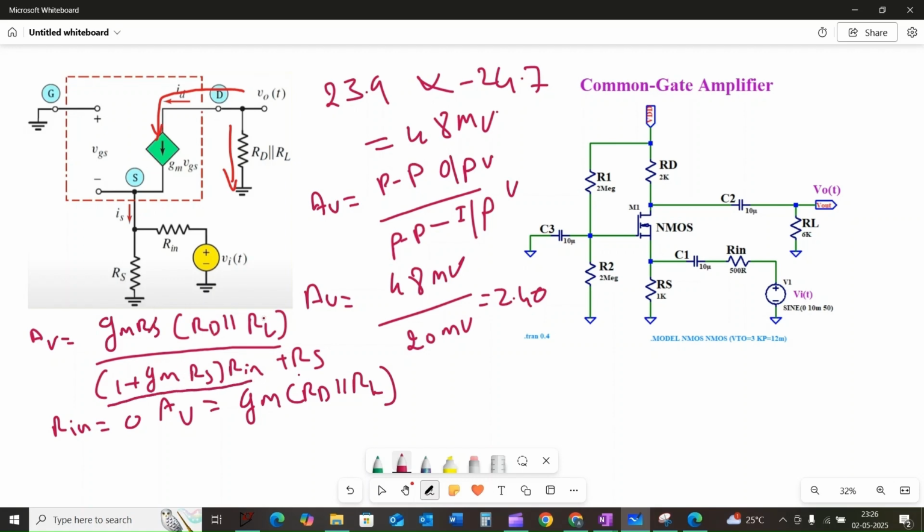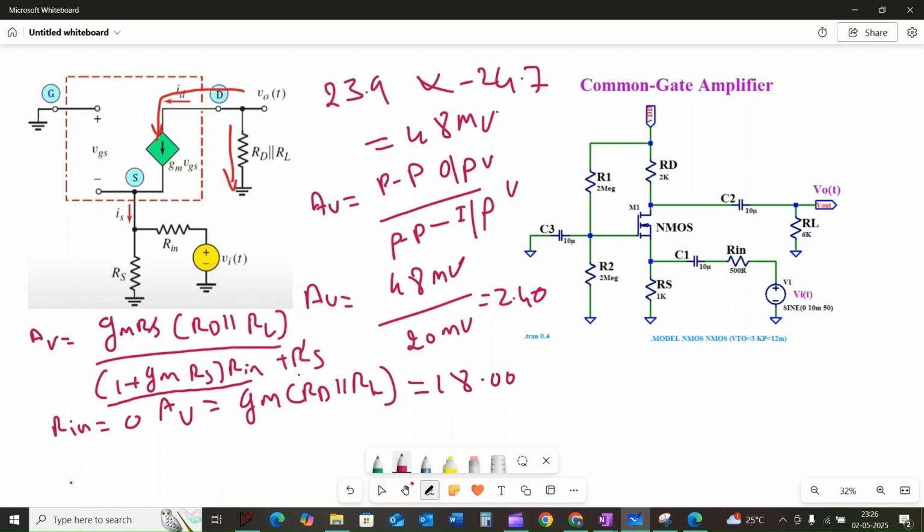So the Rs will cancel out. And if we calculate this, we'll get around 18 as the maximum gain. This is the maximum voltage gain.